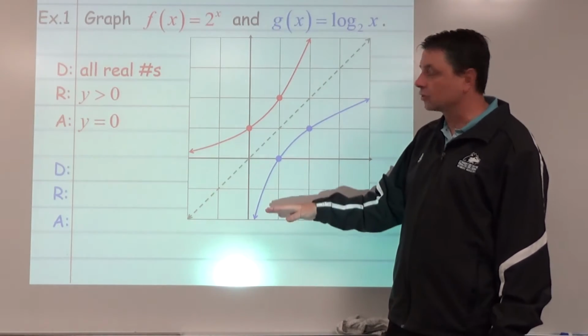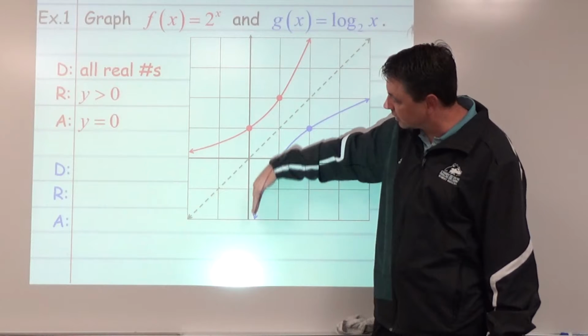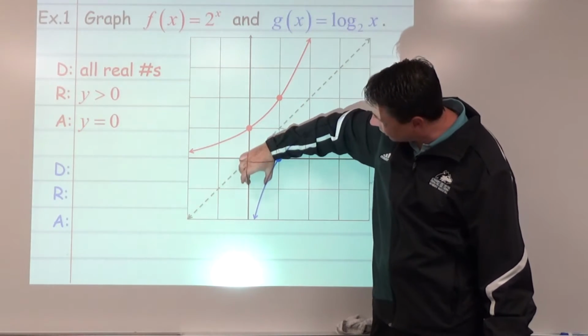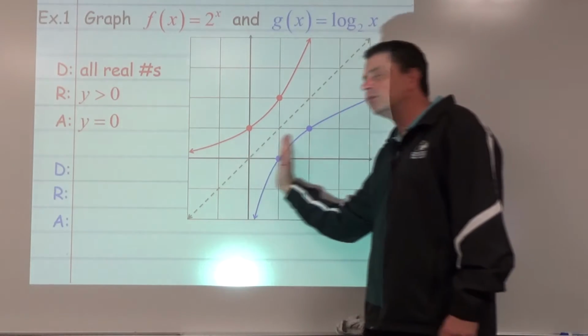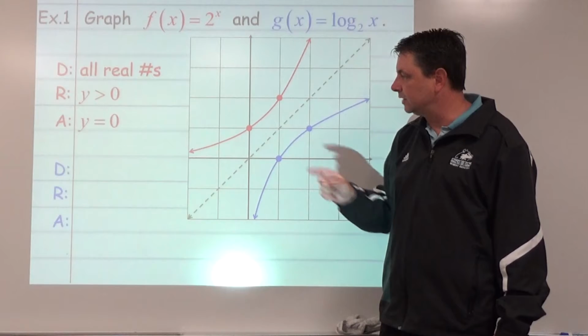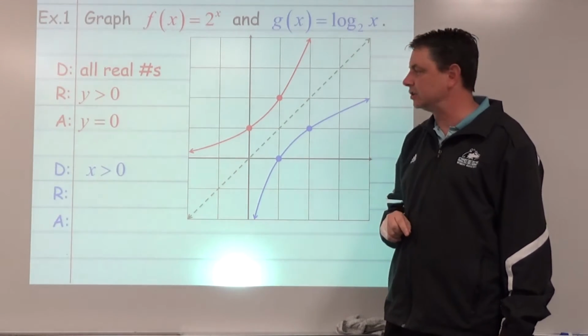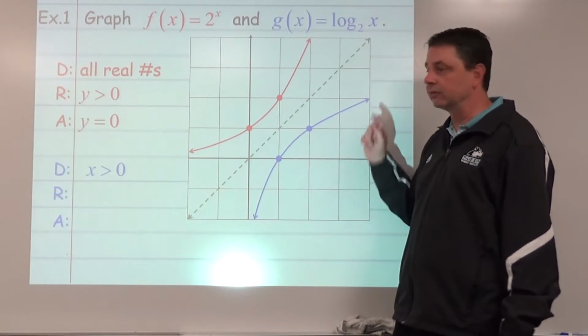All right, for our log graph, the domain, it doesn't actually go forever to the left. As you can see, we're getting closer and closer, but we're not going to touch the y-axis. So everything's to the right of the y-axis. All of the x's are greater than 0. The range does go forever down, does go forever up.